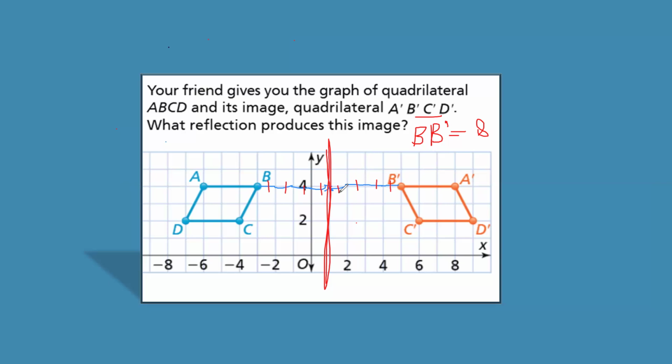Half of them is 4. So my line of reflection is after 4 units. If I ask you for the value of this line, it cuts the X-axis at which point? Look here. It cuts X at this point. What do we call this point?